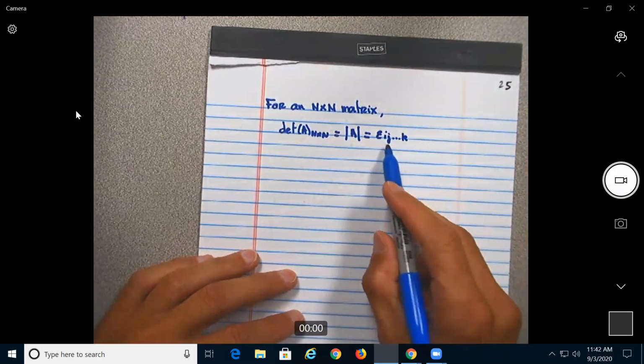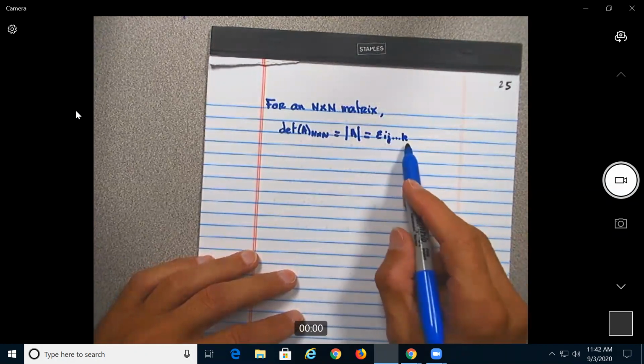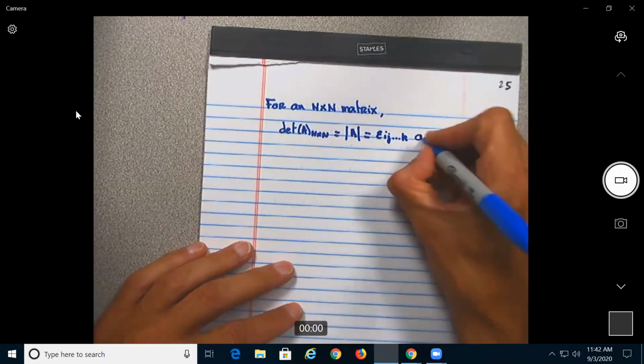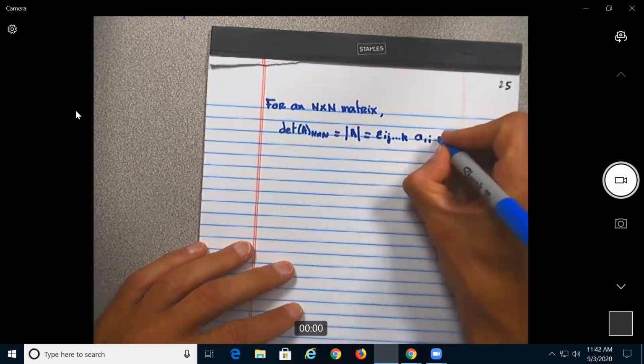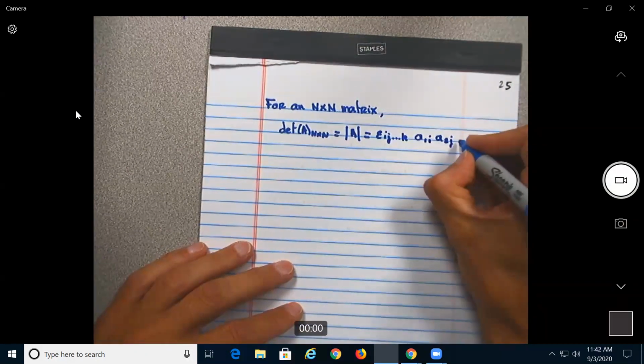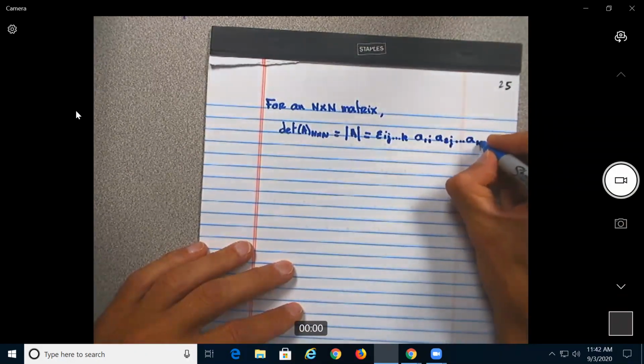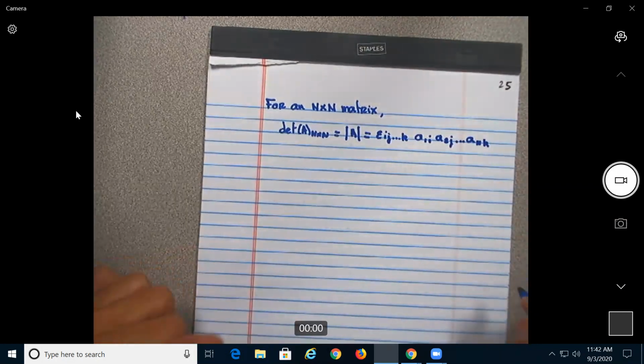So if it's 2D, you only need 2. If it's 3D, you need 3. If it's 5D, you need to put 5 sub-indexes, no? Okay? Of A of 1i, A of 2j, and you will go like that until A of n k. All right? Will be the same thing.